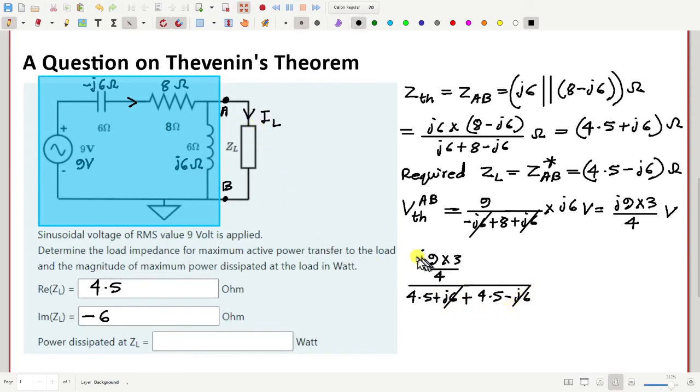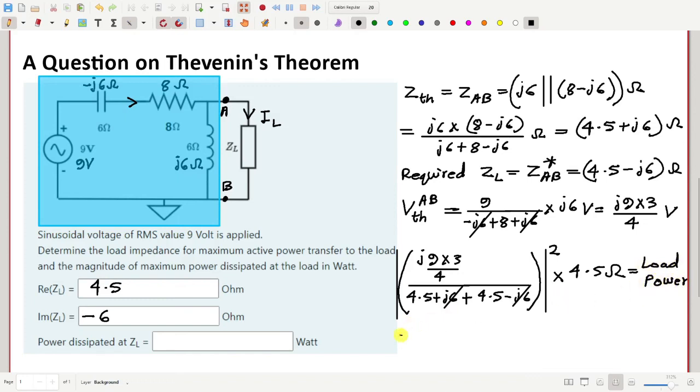Now this is IL. If we take the square of the modulus of this current, and then multiply it with the resistance of this ZL, that is 4.5 ohm, that will be the load power.